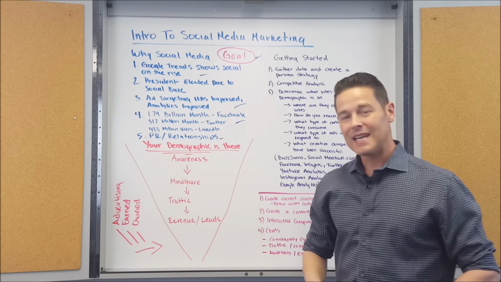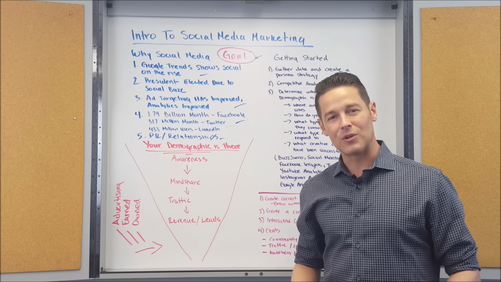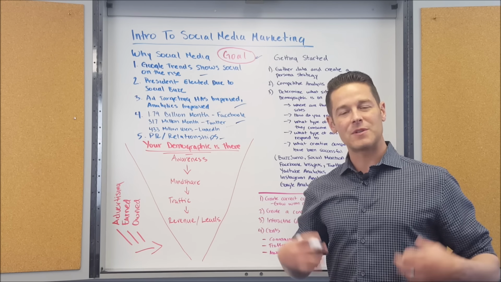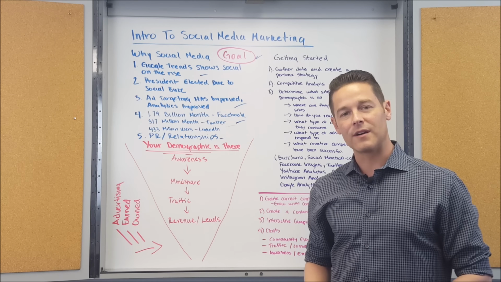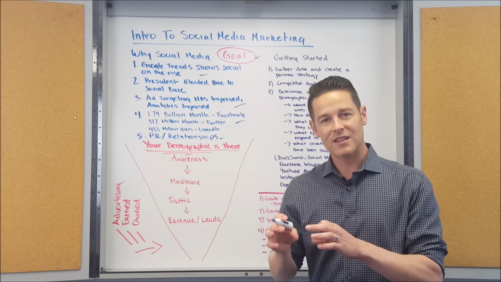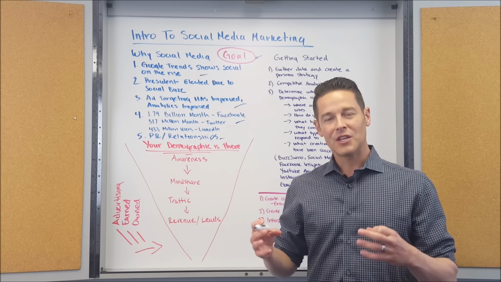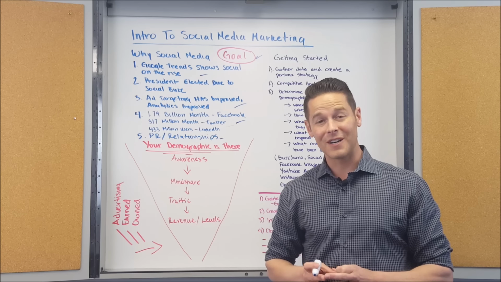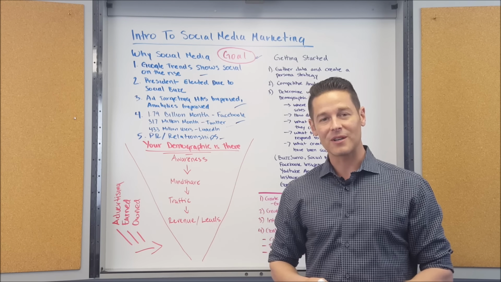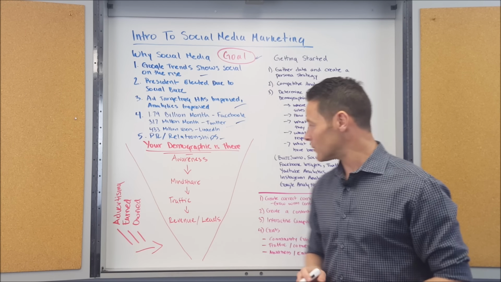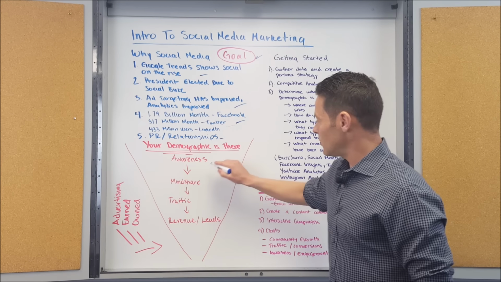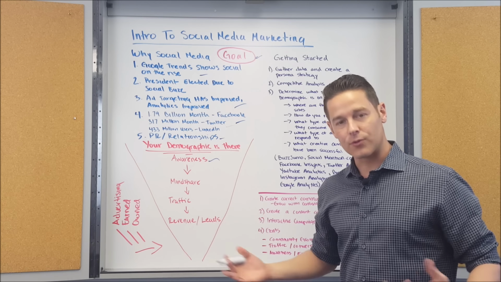But while all that's true, there's no reason to get involved in social media if you don't have a goal. I'm talking about specific revenue goals, specific traffic goals, specific conversion goals, and specific awareness goals. If you can set those, and you have realistic expectations by working with an expert, you can get people to go through your funnel of social media marketing. So what does that look like? Well, first, people become aware of your brand through social media.